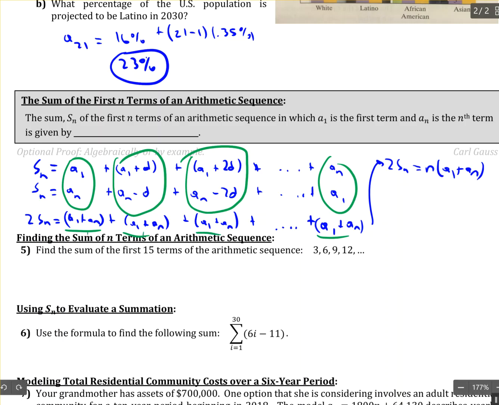First, second, third, and then all the way up through n. And if I add up n of the same thing, it's the same as multiplication. And now all I need to do for my final step here is divide by 2. And there's my formula. So let's go ahead and write that up there.